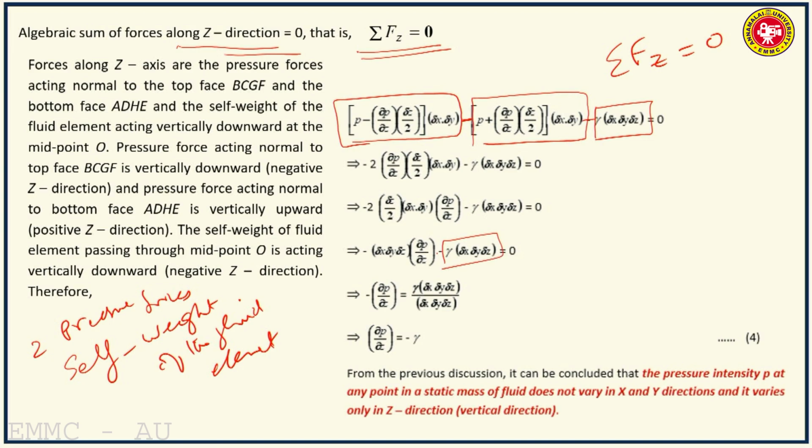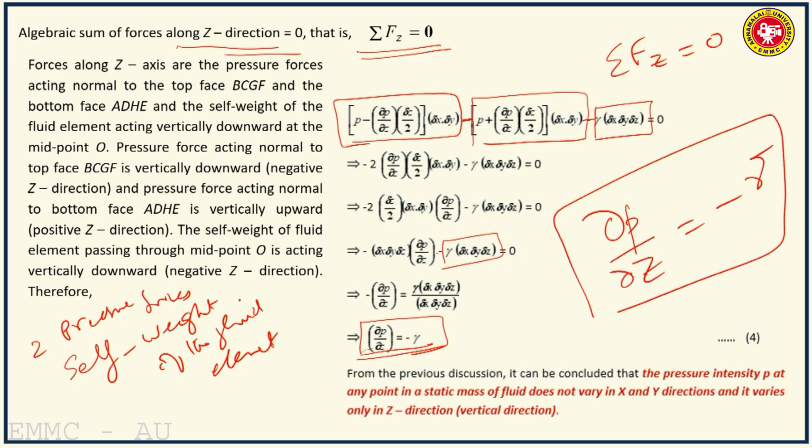Here δx δy δz cannot be 0, therefore you get ultimately ∂P/∂z is equal to minus gamma. So minus ∂P/∂z is equal to gamma, or ∂P/∂z is equal to minus gamma.